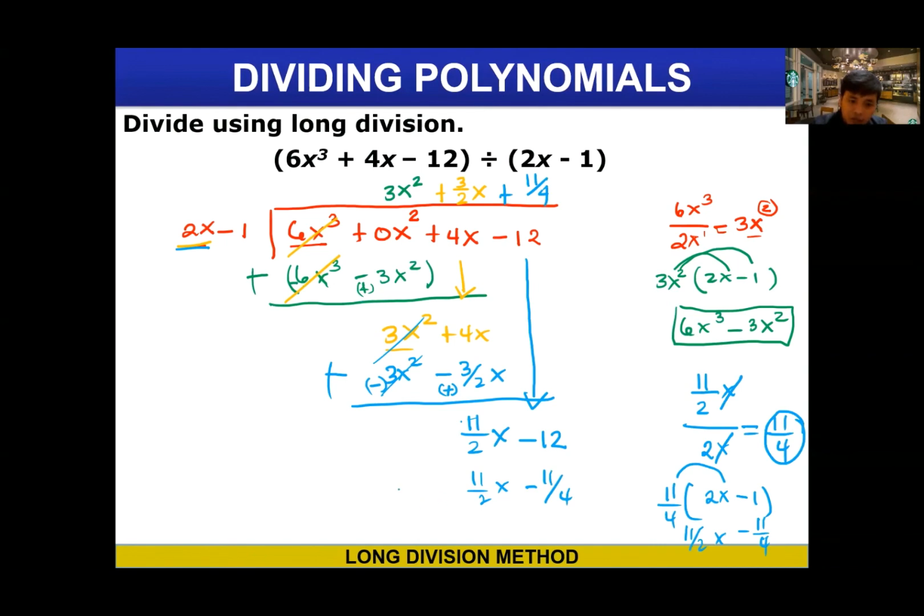So now, if we subtract, change the color, subtract, this one will change. This one also will change. This becomes positive already. Okay, so then add, cancel. Then we perform negative 12 plus positive 11 over 4.